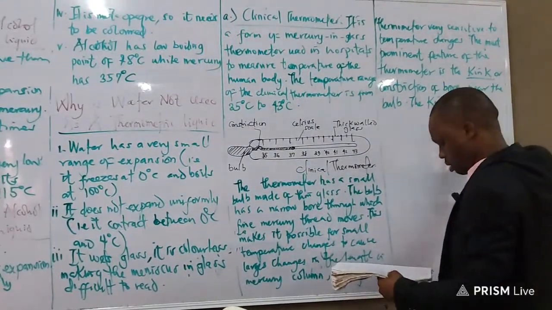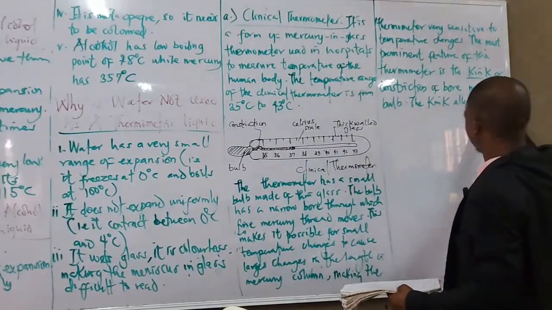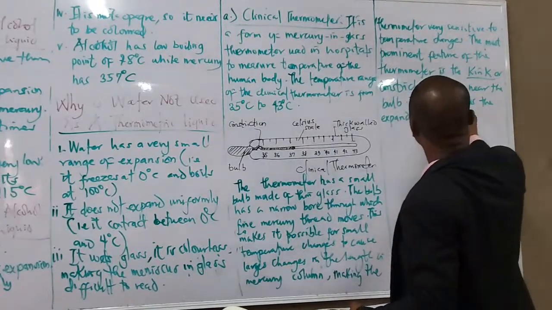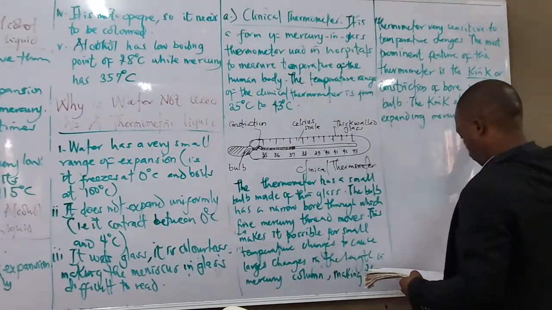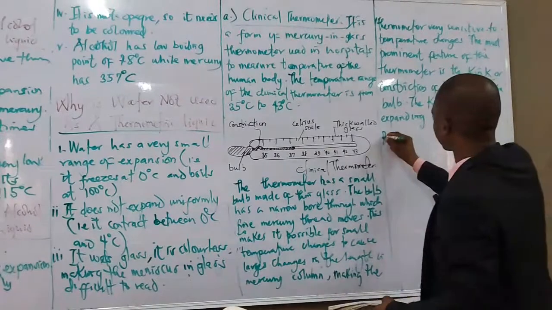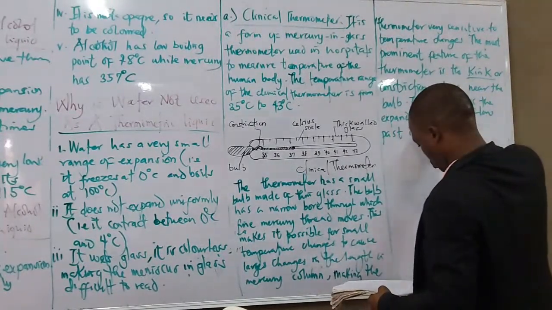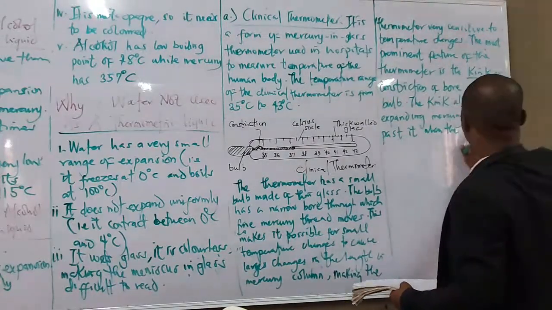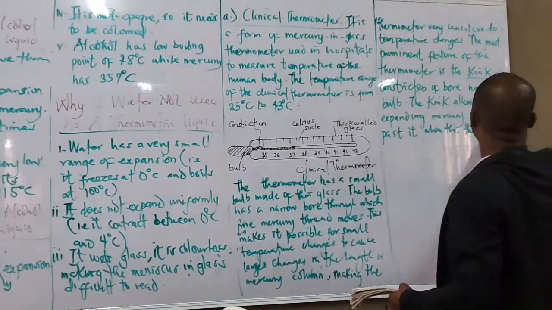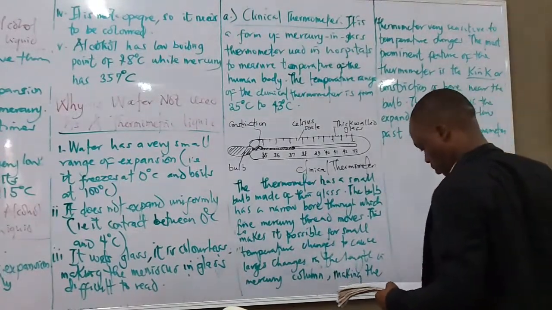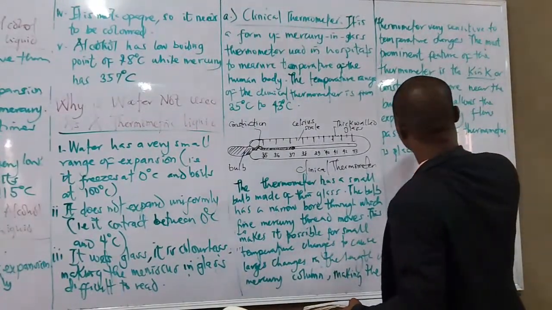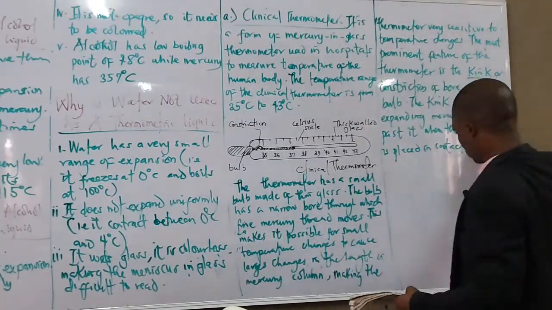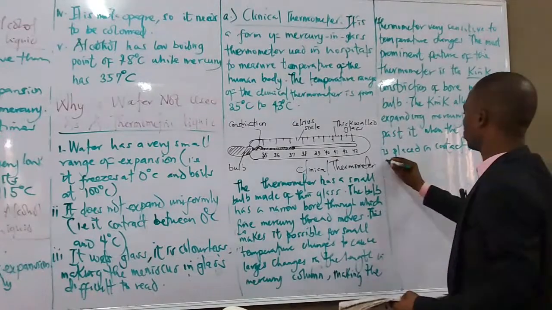The function of the kink is to allow the expanding mercury to flow past it when the thermometer is placed in contact with the human body.